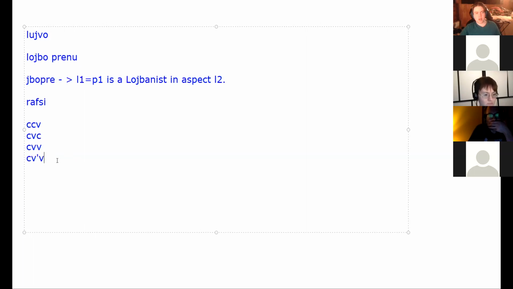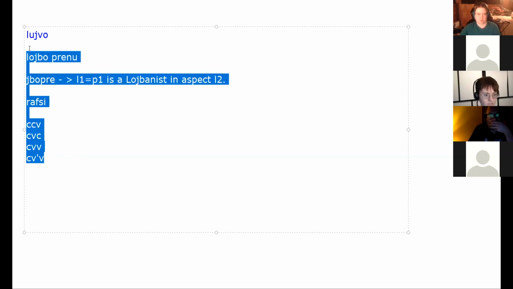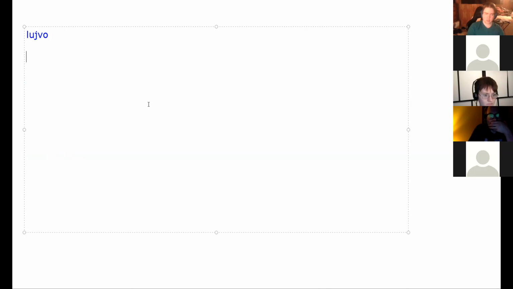And so you've got to have some kind of consonant cluster to attach them. So if I have CVV, CVV, or CV apostrophe V, that creates a problem because this is just a cmavo cluster. Like that could be by bo or something along those lines, and that would be like a 2-part cmavo cluster.